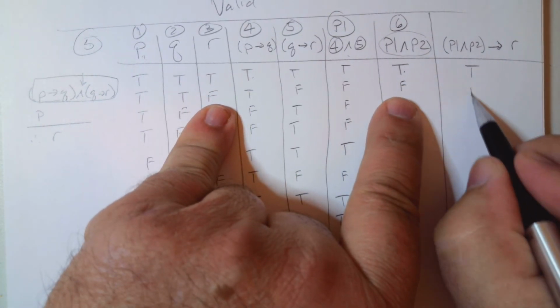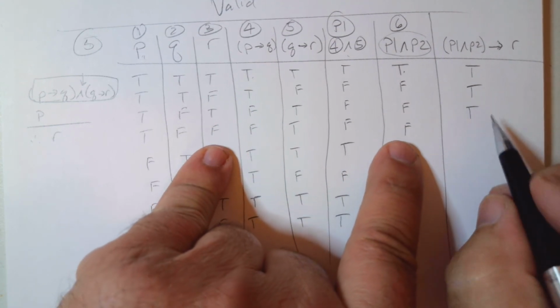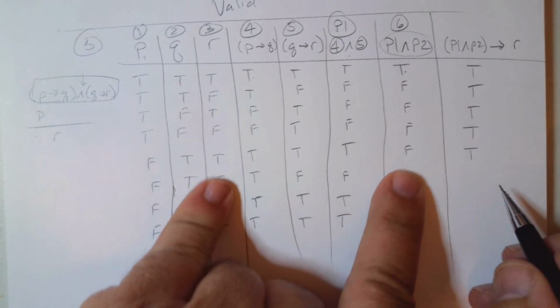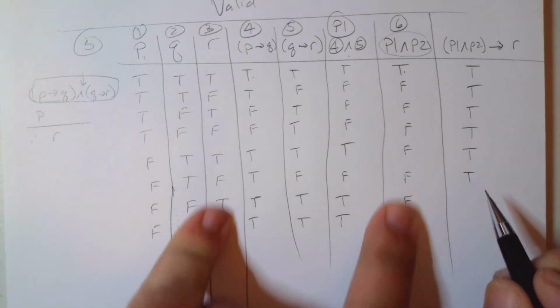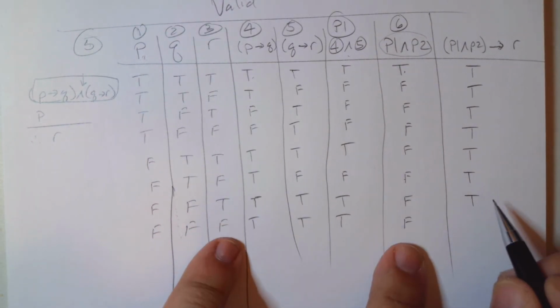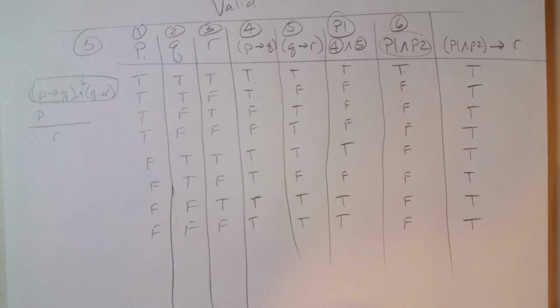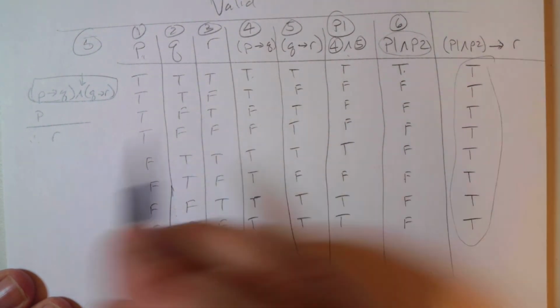If false then false is true. If false then true is true. If false then false is true. If false then true is true. We're going from here to here. So false and false is true. False and true is true. False and false is true. It's a tautology, so it's valid.